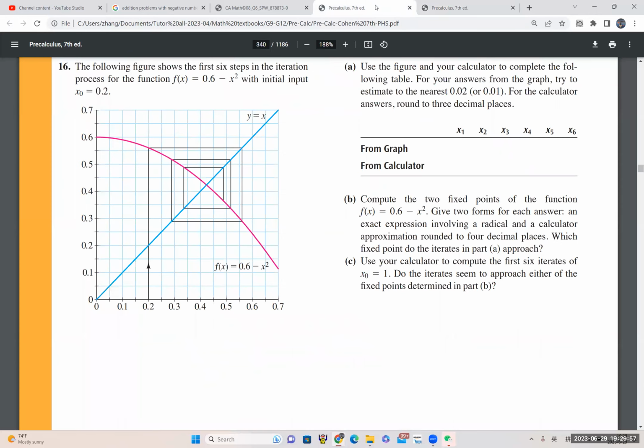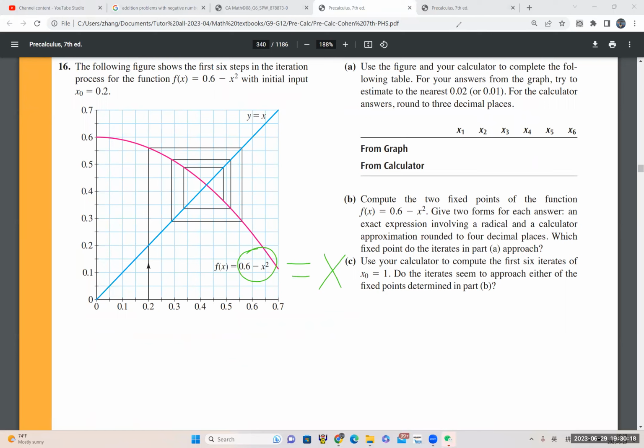Let's check it a little bit. Suppose we just solve this equation, right? This equal to x, because here's y equal to x and this is y equal to this.